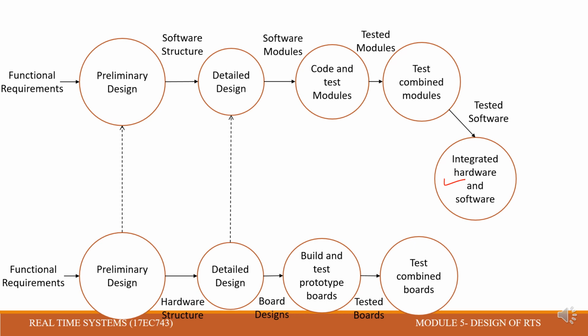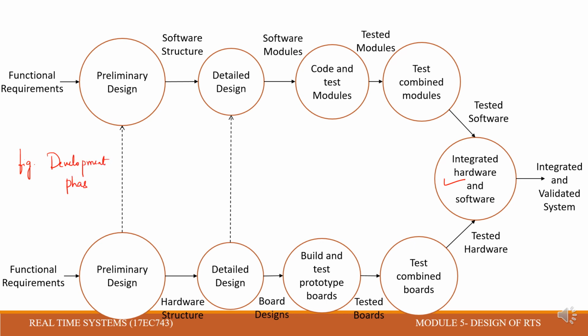Once the testing of boards is done, the boards are combined and sent to the emulators or tested hardware. Once testing of hardware and software is ready, the integration of hardware and software is made in order to produce a validated system. We can understand from this development phase diagram that the outcome of the development phase is always the validated system.